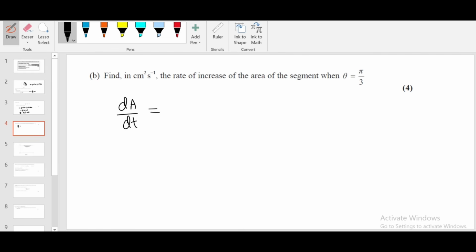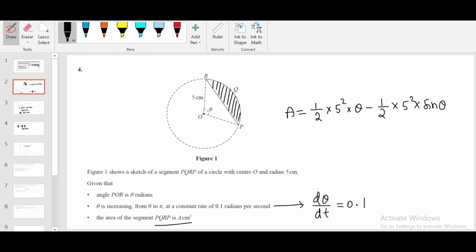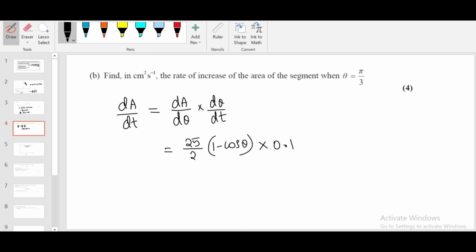A is a function in terms of theta, so you can write it as dA by d theta times d theta over dt. dA by d theta we just calculated here, 25 over 2, 1 minus cos theta, times d theta by dt, which is given in the question as 0.1. So times 0.1. Now you need to find this value when theta is pi over 3.